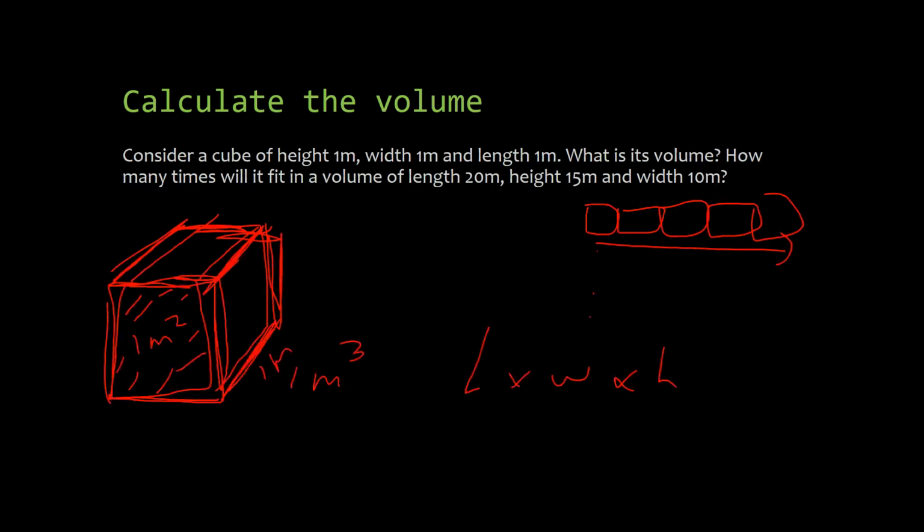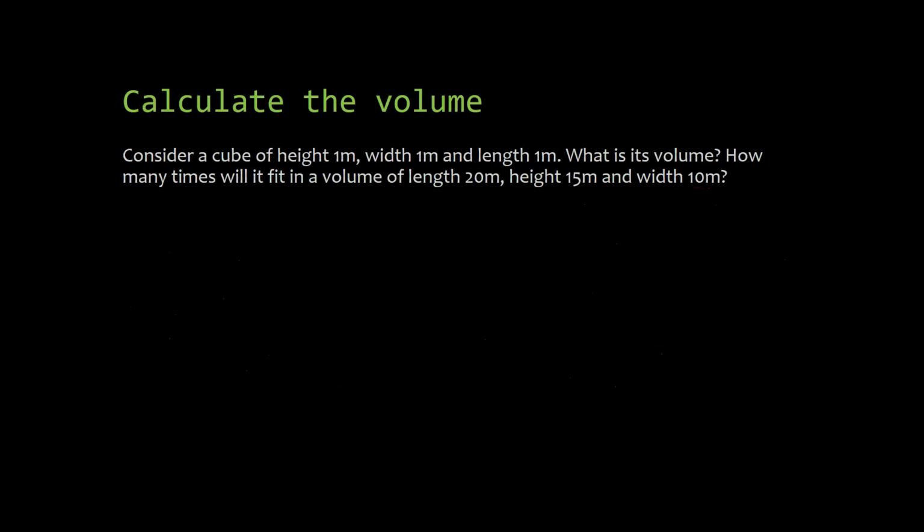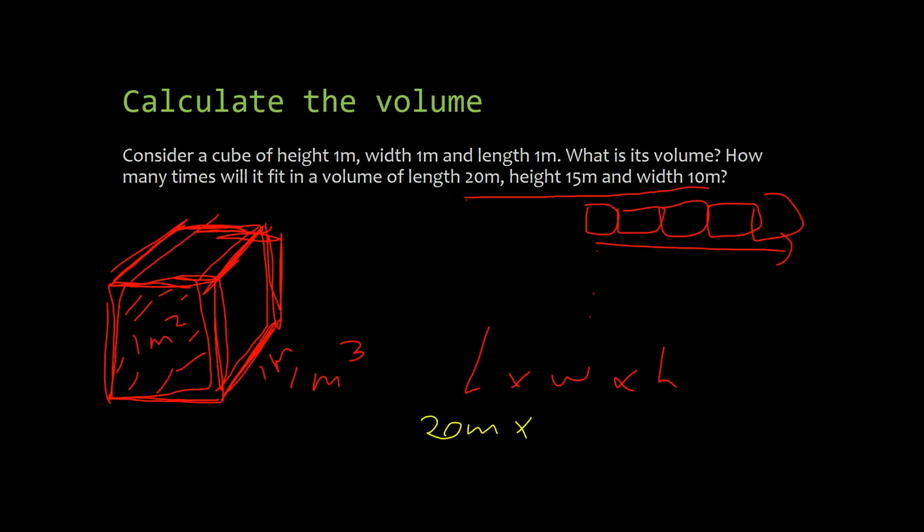And let's say, for instance, we have to figure out the volume of an object. In this case, 20 by 15 by 10, we will have a length of 20 meters by a width of 10 meters and a height of 15 meters.